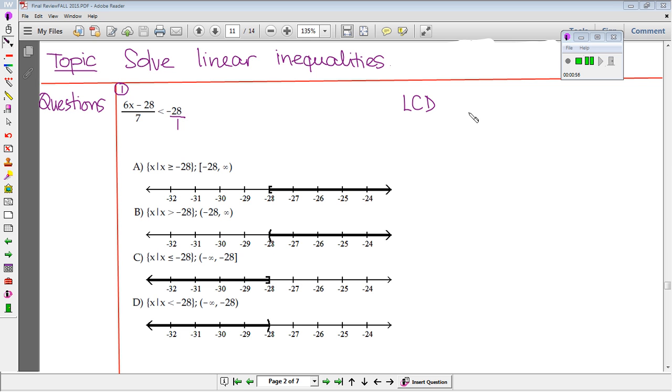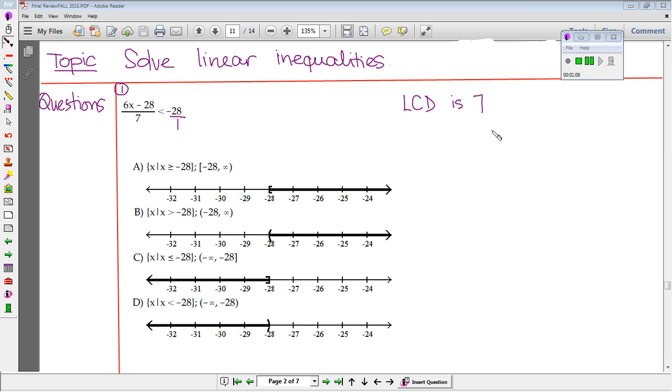What is the least common denominator? It is the smallest number that can be divided by both 7 and 1. In this case, my least common denominator is 7, because 7 is the smallest number that can be divided by 7 and also by 1.